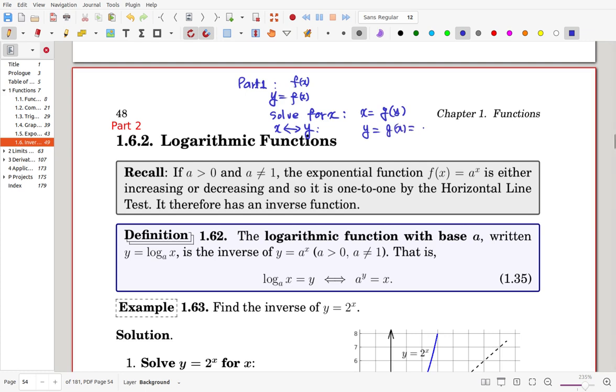That is basically f inverse of x, right? We did that in the first part.